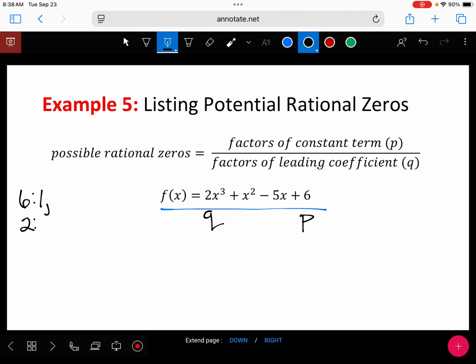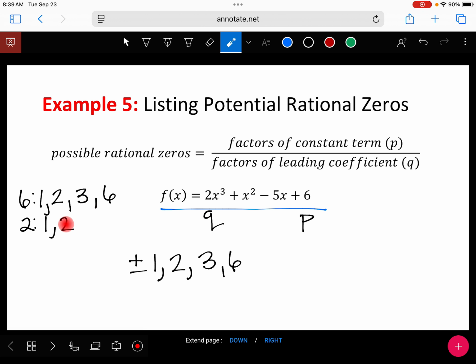We know we got 1. What else? 2, 3, 6. 2 only has 1 and 2. All right, so now I'm going to have some fractions that are possibilities. So plus or minus, I'm going to take all 4 of these numbers and divide them by 1, which is going to give me the same 4 numbers. So I have possibility of plus and minus 1, plus and minus 2, plus and minus 3, plus and minus 6. Now let's go back and divide these 4 numbers by 2.